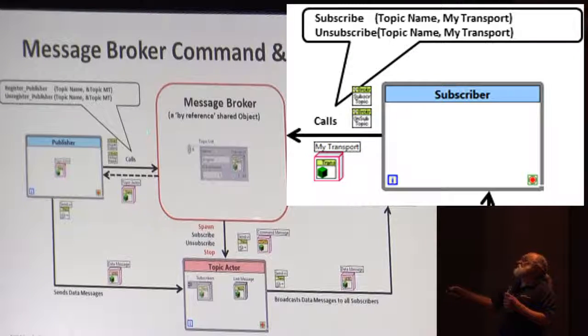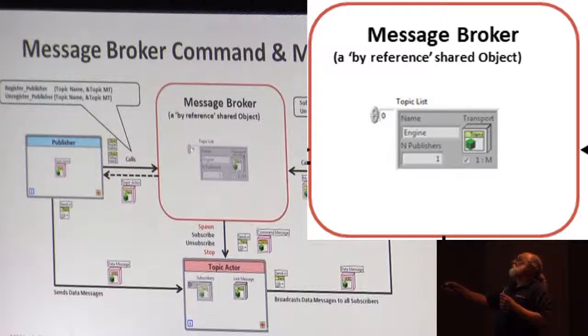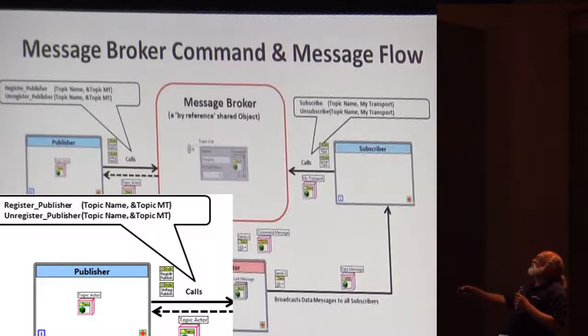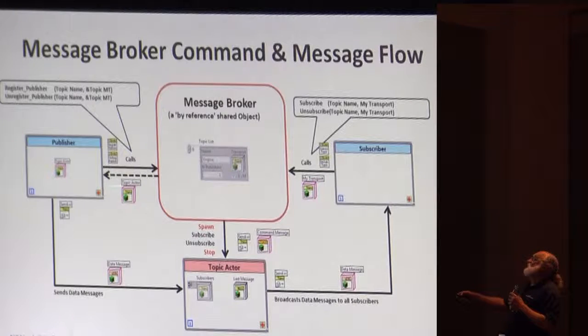And what it does, it maintains the topic list, and it counts the number of publishers, and has a message transfer. And the publisher calls register to publish and unregister to publish with the same things, topic name and topic message transfer. But in return, it gets a transfer of an actor.